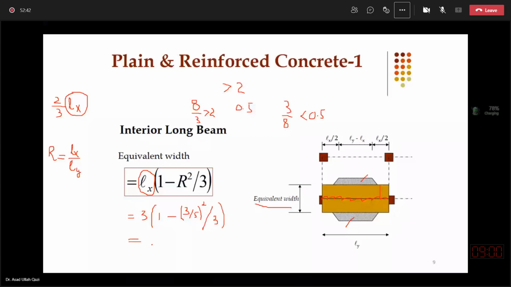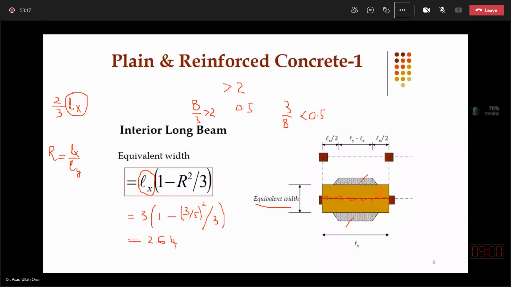Can you calculate? Yes, we can calculate, it is 2.64. Good. 2.64, right?